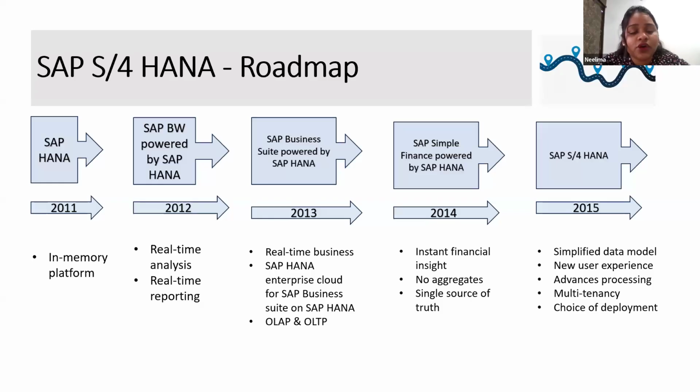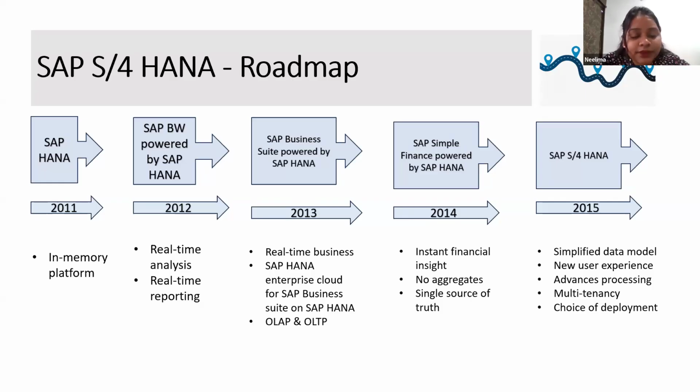Only one single system is used, and all the data related to all these business areas is stored in that one system. Finally, in 2015, SAP launched SAP S/4HANA, the fourth generation of SAP software.